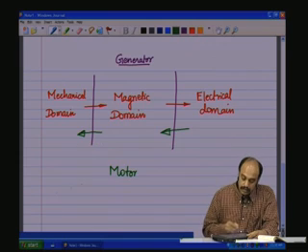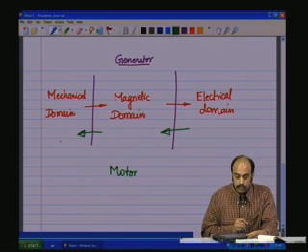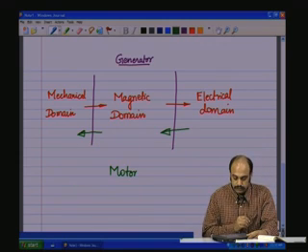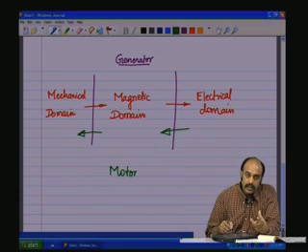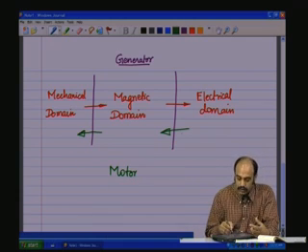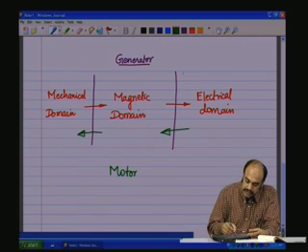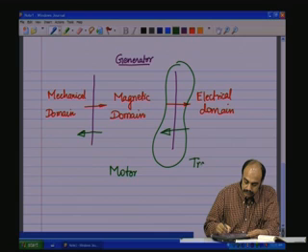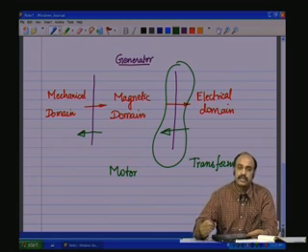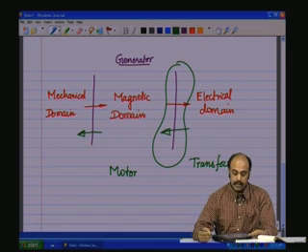The green arrows indicate the motoring direction for the energy flow. You see that for electrical domain to magnetic domain to electrical domain, the principles here are very similar to those of a transformer. All the transformer principles, Faraday's laws of electromagnetism, are valid.